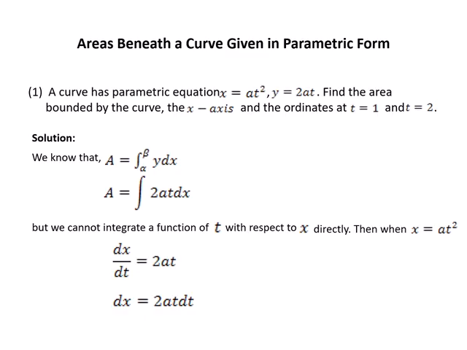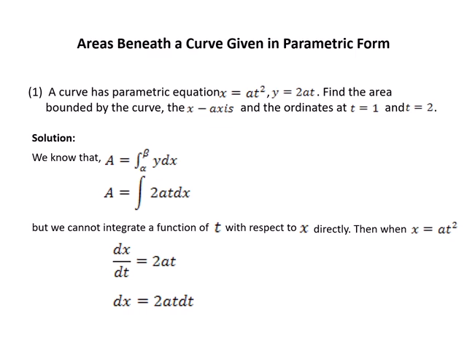You differentiate x equal to at squared. Now we get dx over dt as 2at. So we now make dx the subject of the formula. If you make dx the subject, you have it as 2at dt. We now substitute back into the formula.